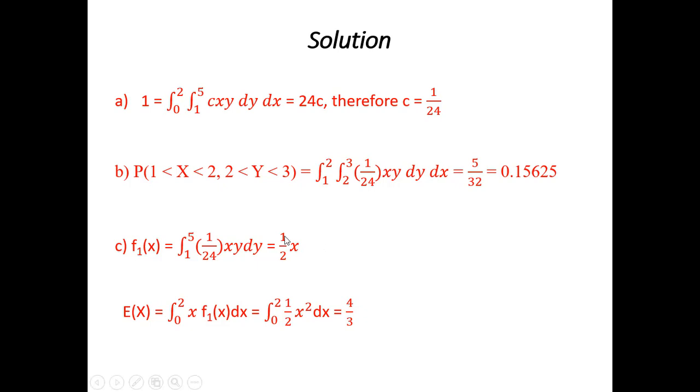Now we can take this result and use it to find the expectation of x. Remember when we find expectation, we integrate x times the PDF, in this case the marginal PDF with respect to x. So I have the integral from 0 to 2 of x times this marginal PDF.